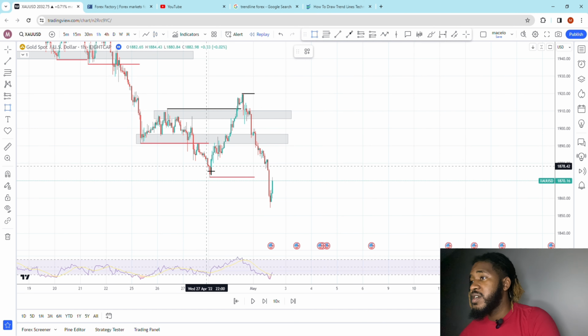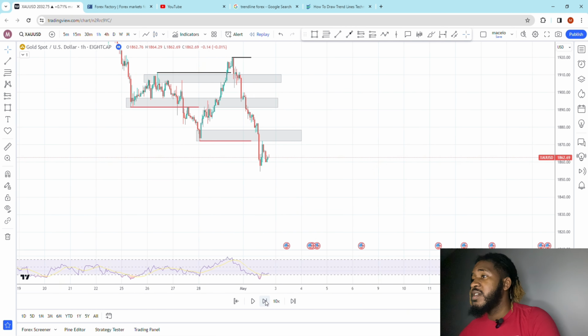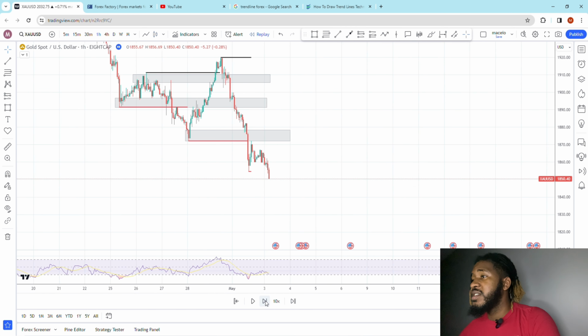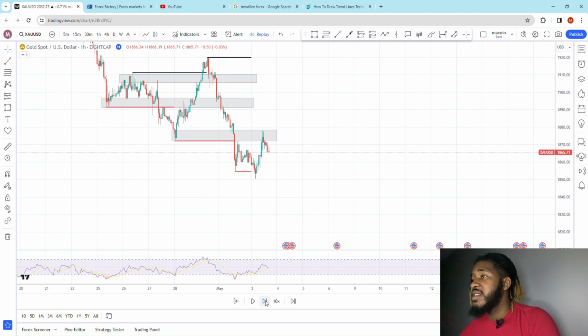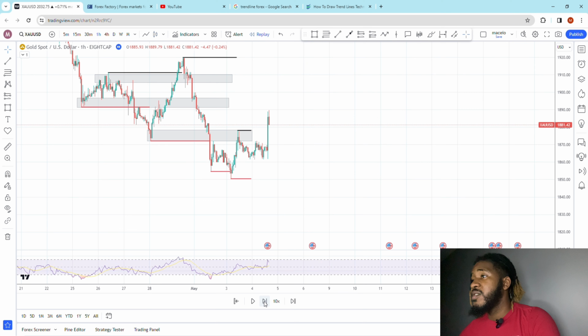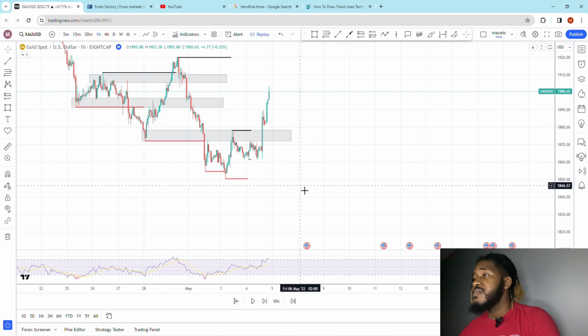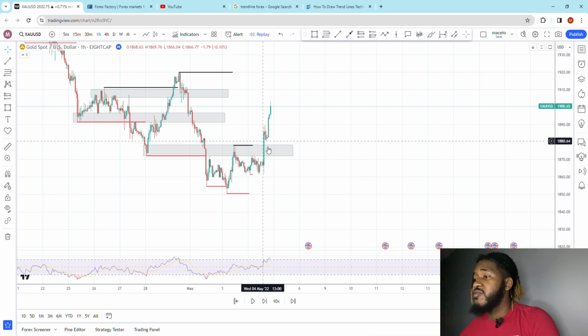You have this area as support. Let's see how this plays out. Let's respect it. So far, respecting it. So far, respecting it. Okay, so now it didn't anymore. Almost came back to retest.